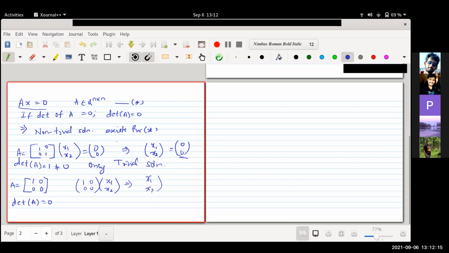X1, X2 is 0 and any value a, where a belongs to R. So this implies there exists a non-zero or non-trivial solution. So whenever the determinant of A is 0, a non-zero solution exists, or the matrix is rank deficient.